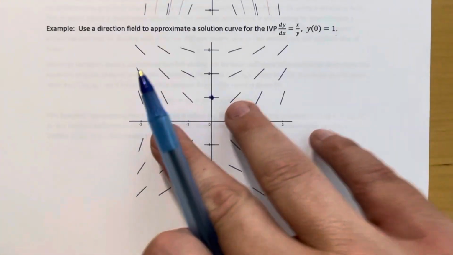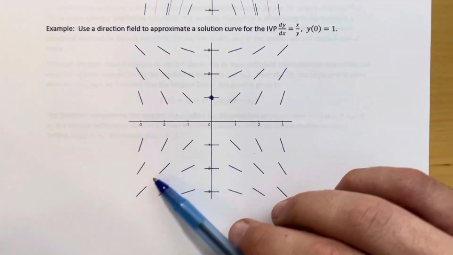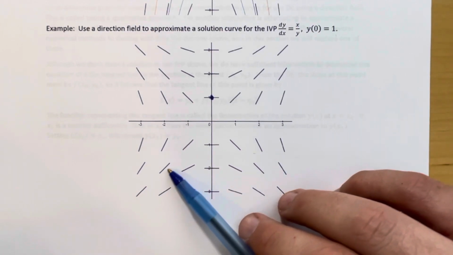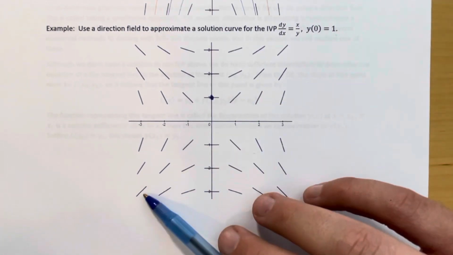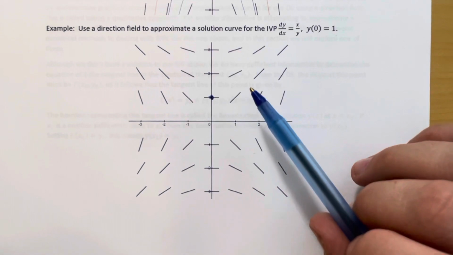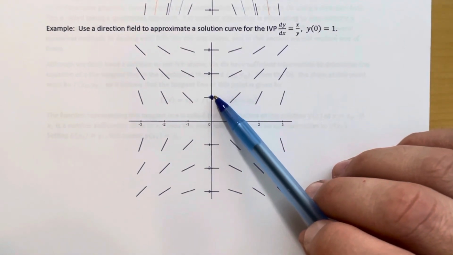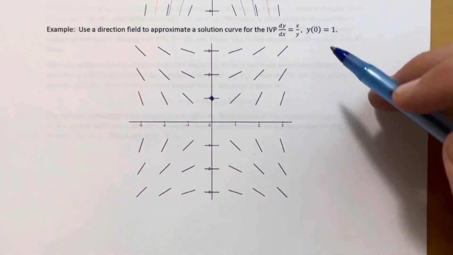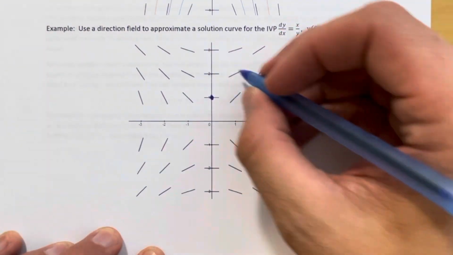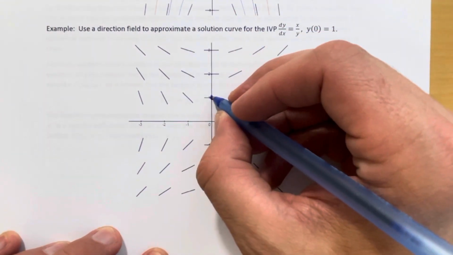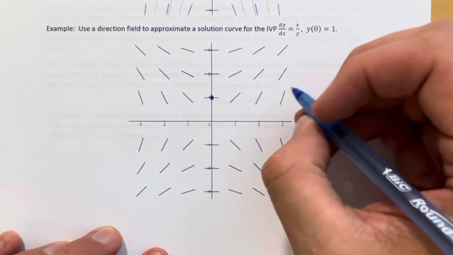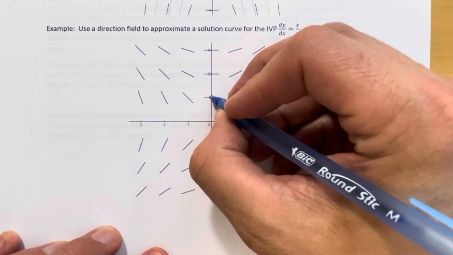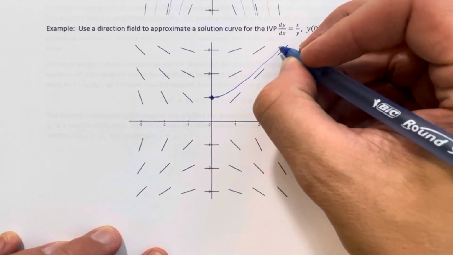However, I'm also noticing these elements that seem to be aligned along the line y equals x right here. And to me, that suggests that we might have a slant asymptote there. So I think that a solution curve for this particular DE with that initial value might look something like this.